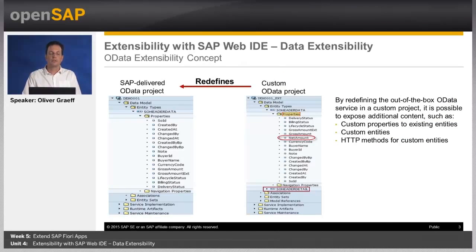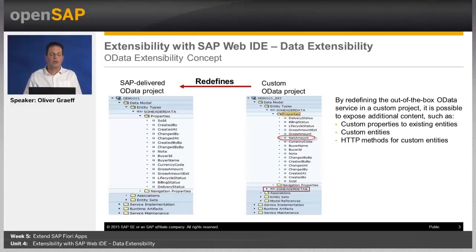So let's have a closer look at the OData service. Just like what we've learned for the UI, also for the service, we can redefine a gateway service, and with that make use of the standard service, of the standard data, and on top add, for example, a specific field and fill that with custom data.